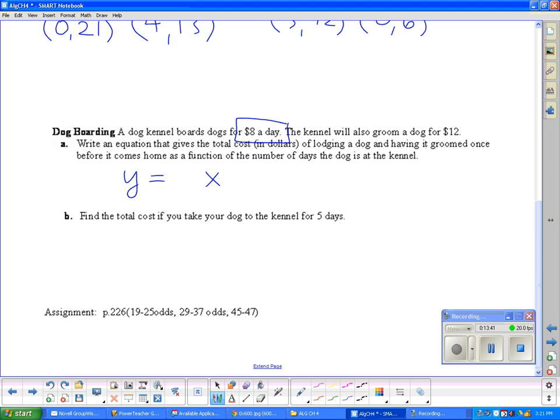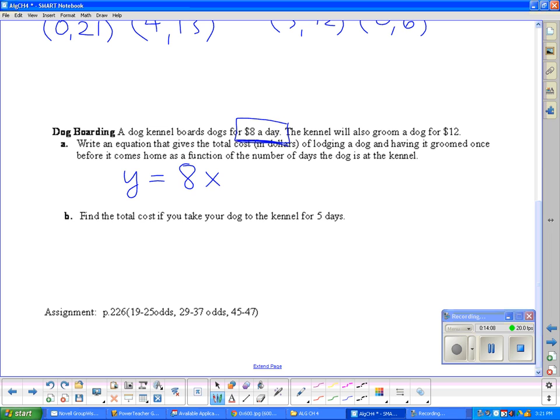Okay? Here, the more days I do it, the more it is. So this is the part that is in front of the x, where the x is the number of days. And then this $12 is just an extra thing that doesn't change unless you get it groomed more than once, but why would you? So that is what the equation is going to be.